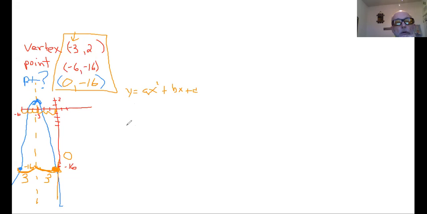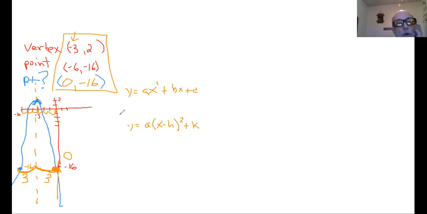And the other one was a parentheses x minus h squared plus k, right? So there's two formulas. We have to find them both. So what are they? That's my question.